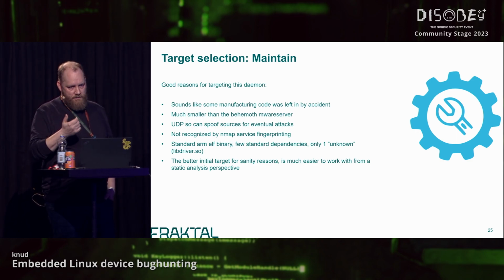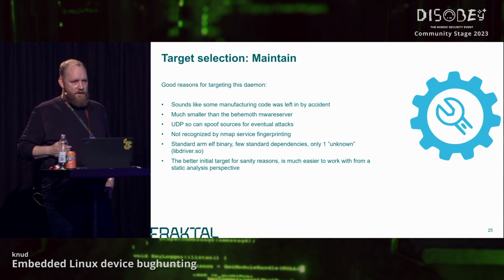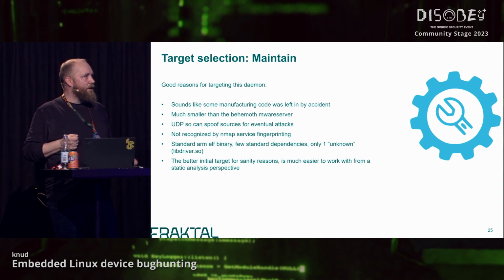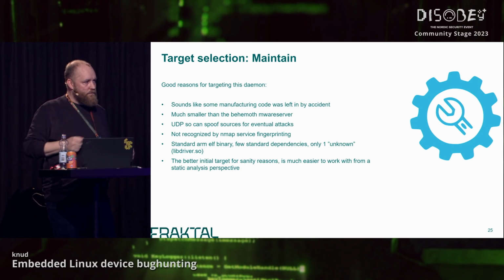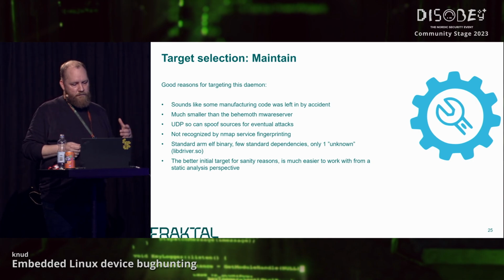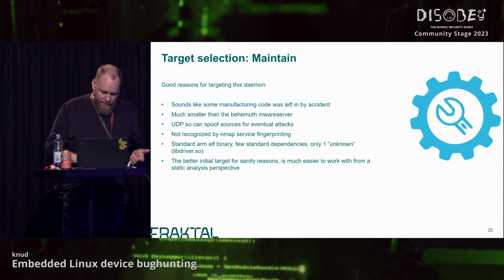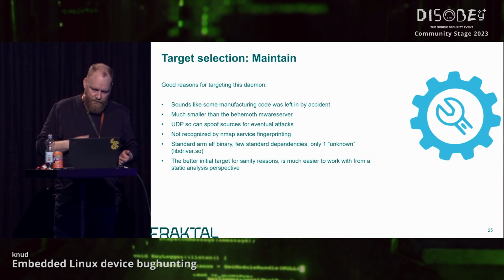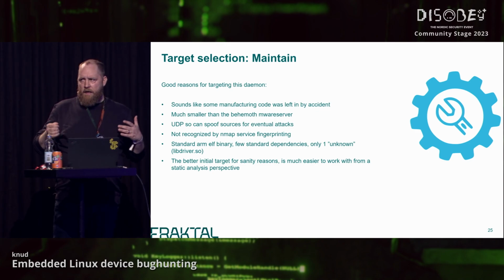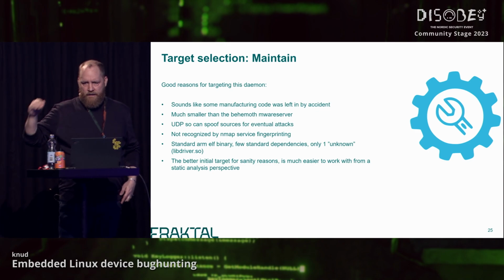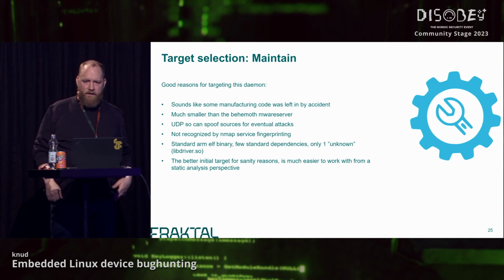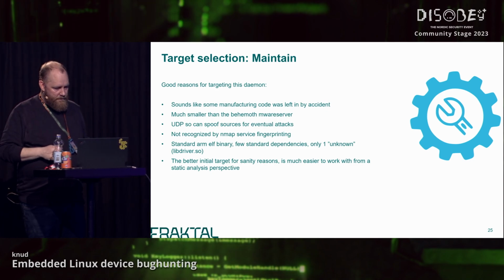Nmap doesn't know what it is. That's also a very good sign, because that means you can't just blindly go towards it and expect anything meaningful. So you'll actually need to apply some thinking to audit it, and that means the bugs are less shallow and less findable using standard let's-find-all-the-bugs tooling, right?